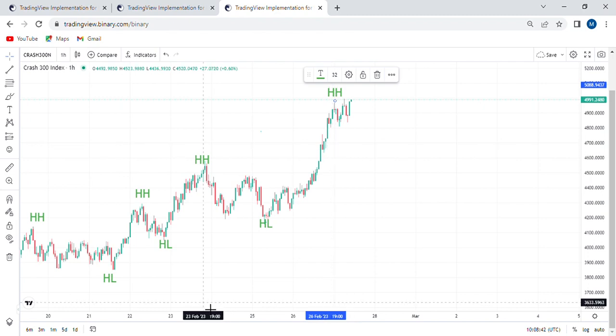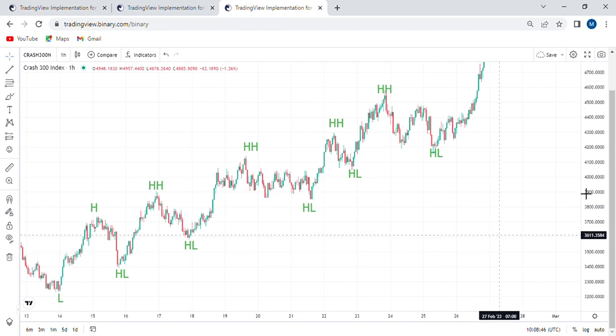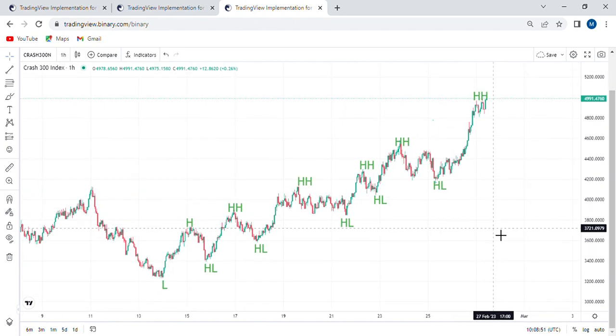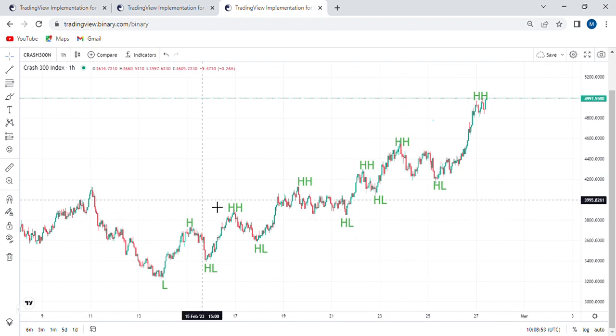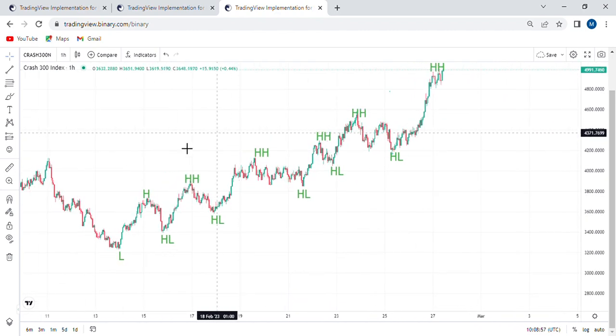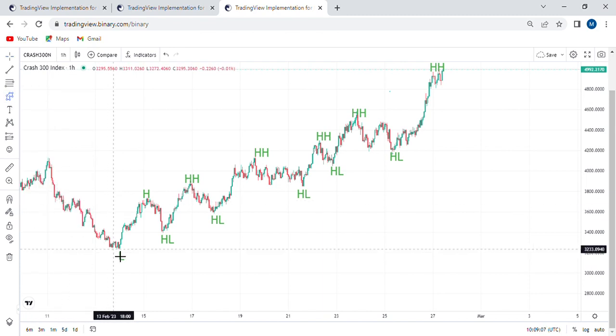All right, so this is an uptrend. You can see this one is very clean. This is how to identify your structure. One thing I do is, if the market is getting difficult for me to identify, I will use this polyline tool to mark it out myself.